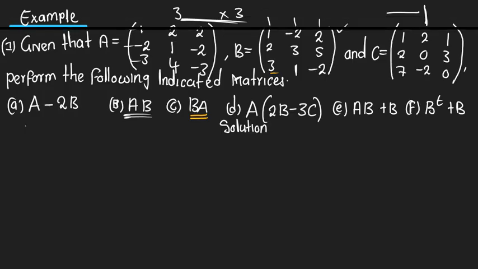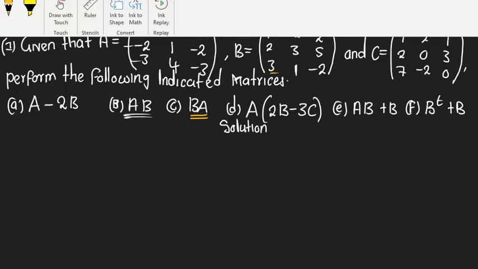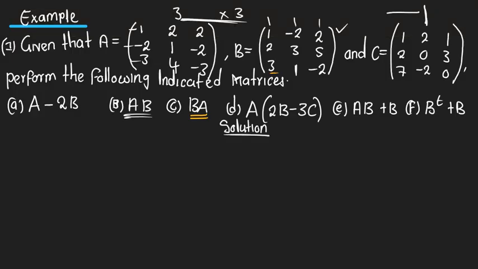Let's try to do D and see if it's going to give us anything normal. Notice that D is an operation. They're saying we have A, open the bracket, then 2B minus 3C. So first of all, I work out whatever is in the brackets.